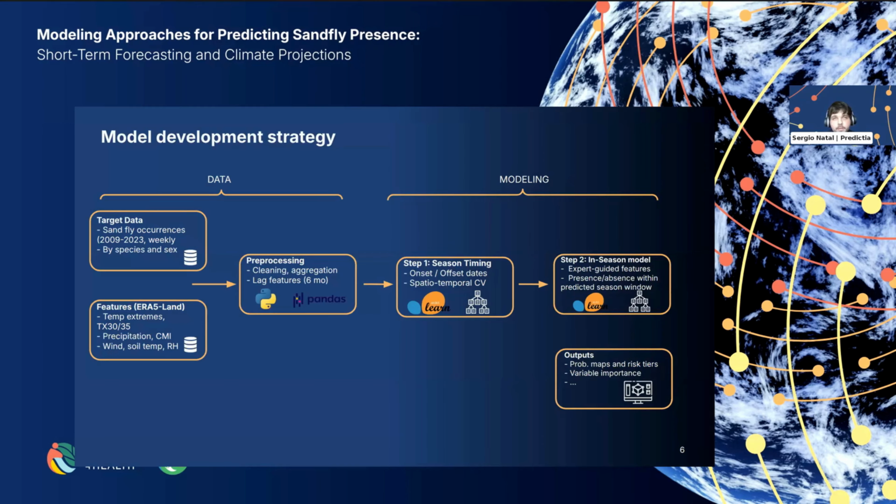To see some results, we show the deterministic results in the figures, but the model itself is probabilistic. What we actually generate are probabilities of presence, which are then translated into forecasts and risk levels for operational use.